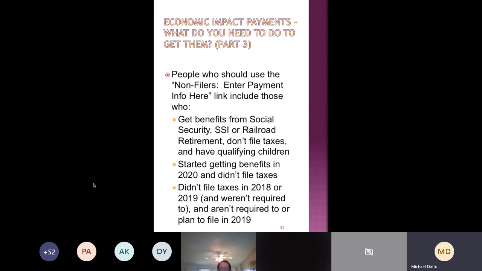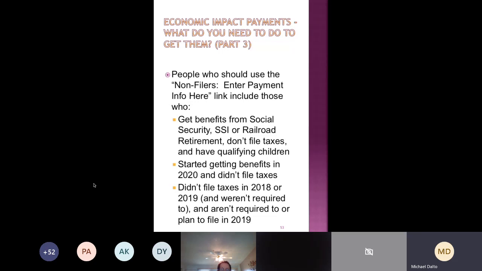Does that mean they won't get the extra $500 per child at all? No. What it means is they'll have to file a tax return after 2020 ends, and they'll be able to get the extra $500 per qualifying child then. But they're going to have to wait a good while to get it.